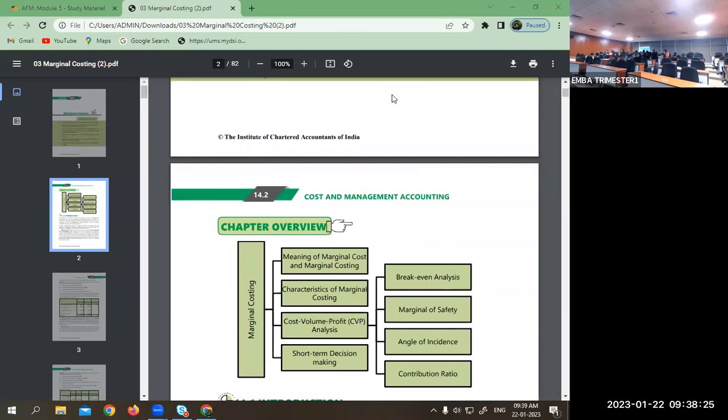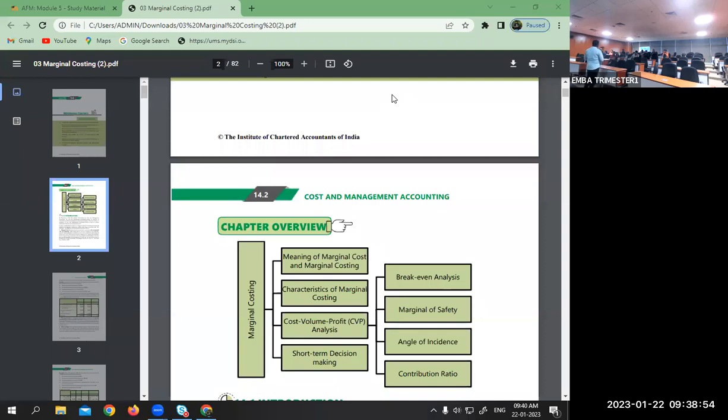So many formulas are there. Simple one. What is cost of production? How do you calculate cost of production? So whatever the cost, excluding the sales and marketing costs.